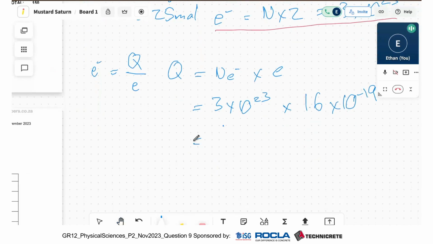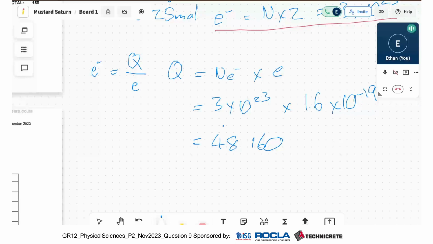And solving this, we get about 48,160. Okay, coulombs.